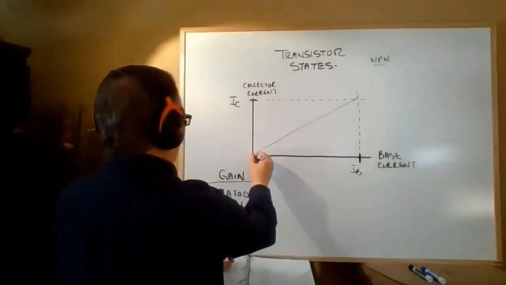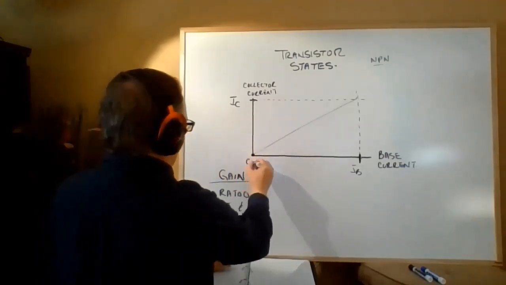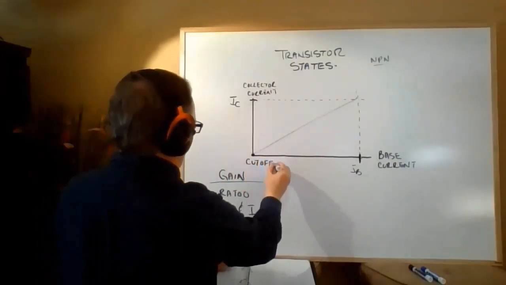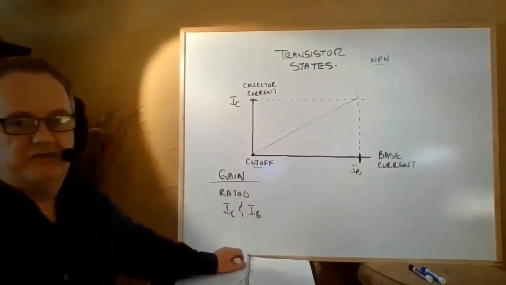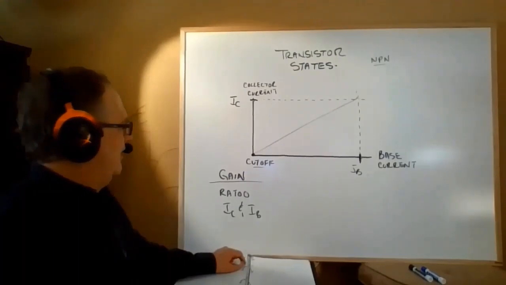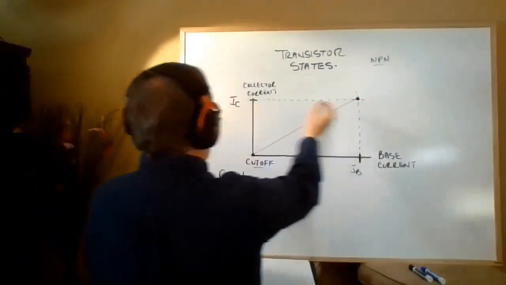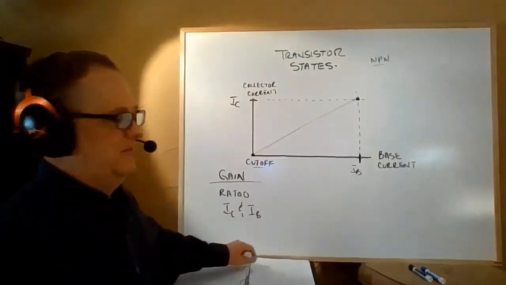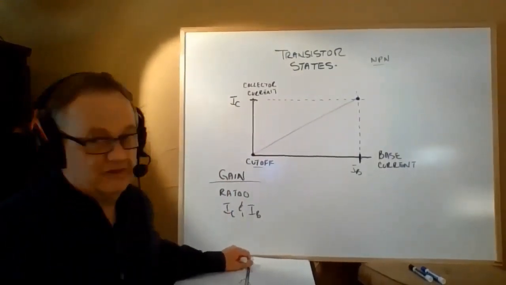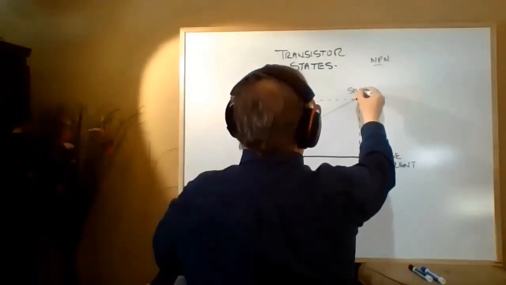When there's no base current, we call this state cutoff. That's cutoff. When there's no base current and there is no collector current, we say that the transistor is cut off. When we reach our level of base current that will exactly bring us to the maximum collector current, we say that it is saturated.